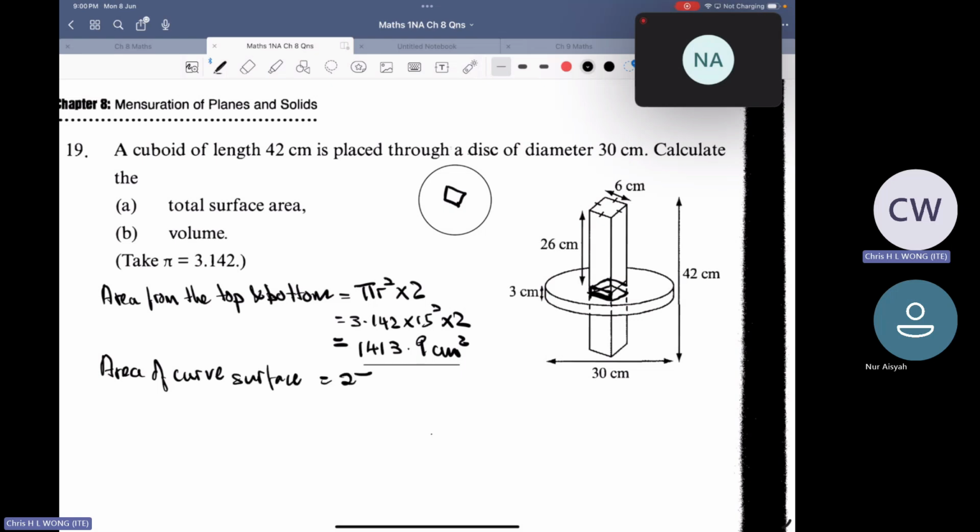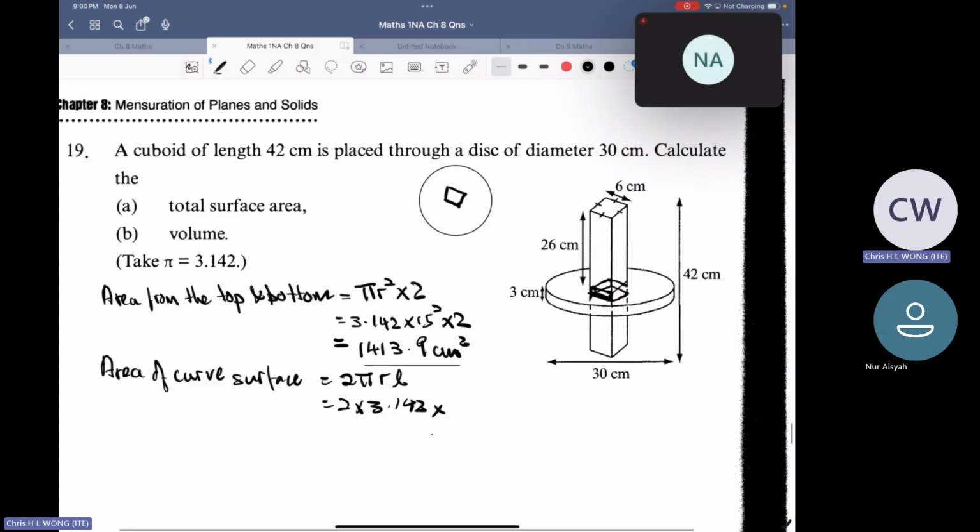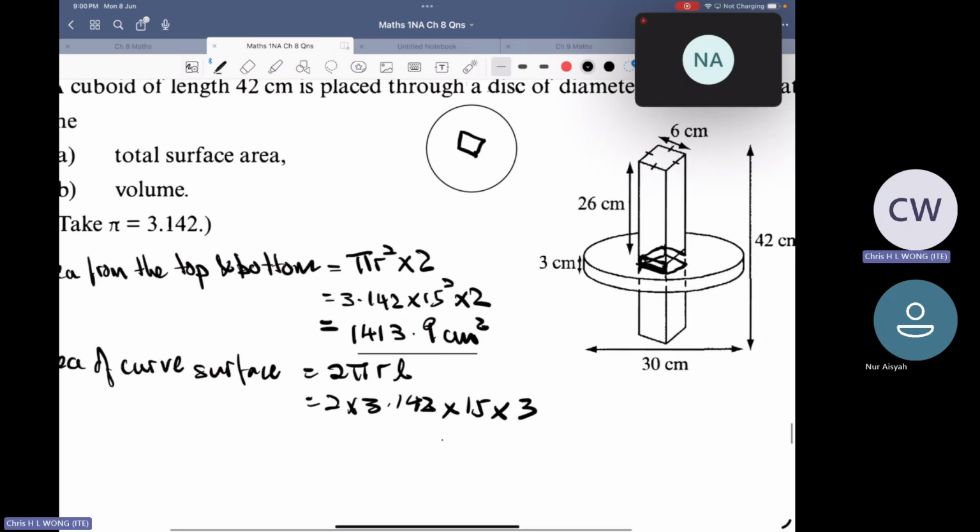Area of curved surface equals 2 pi r L equals 2 times 3.142 times the radius, which is 15. The length is 3, 2 pi r 3, right? Am I right? 2 pi r times 3, the length, the curved surface area.